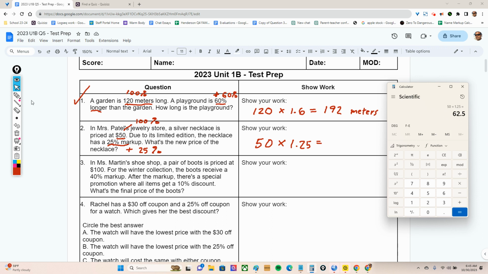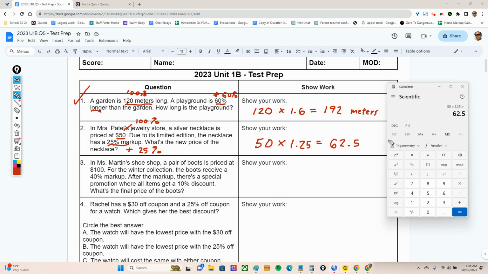Okay, so this is good because you got to pay attention to the details. 62.5. Okay. And then I got to make sure, and we're talking about money, so that's going to be dollars. You know how I am about my dollar signs.